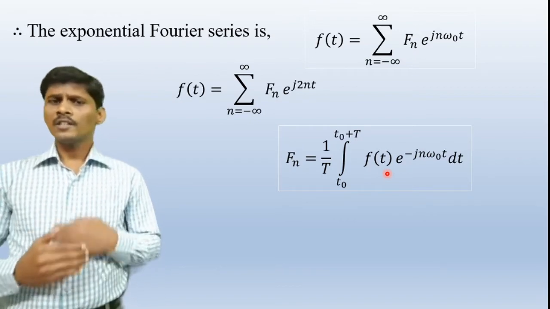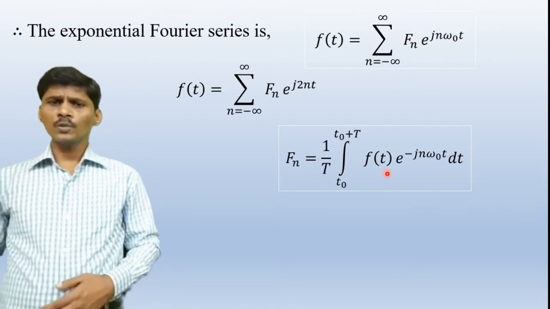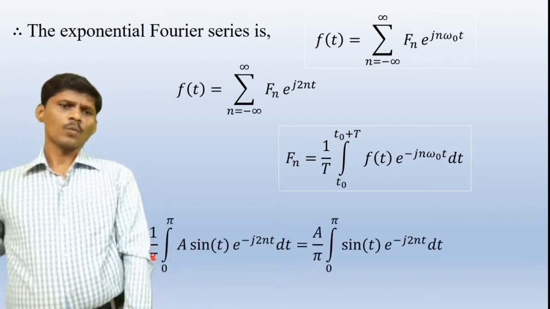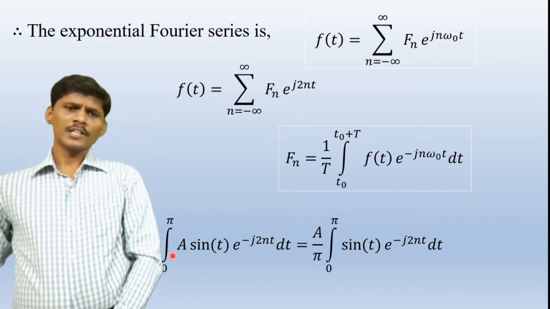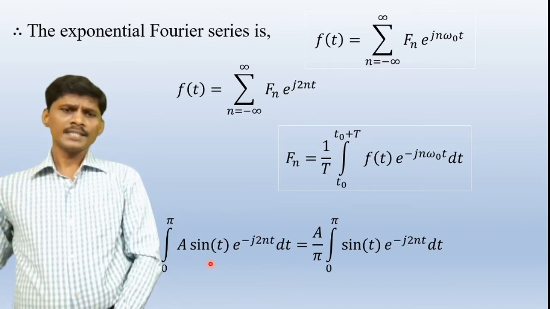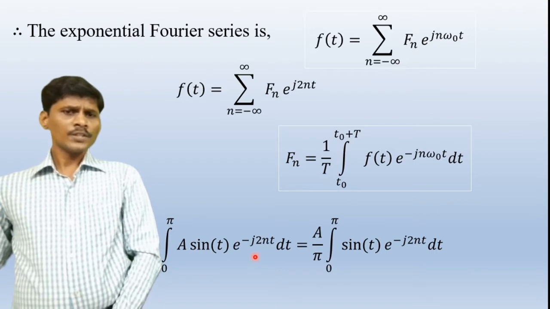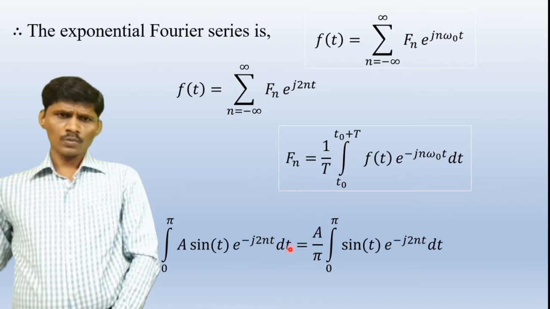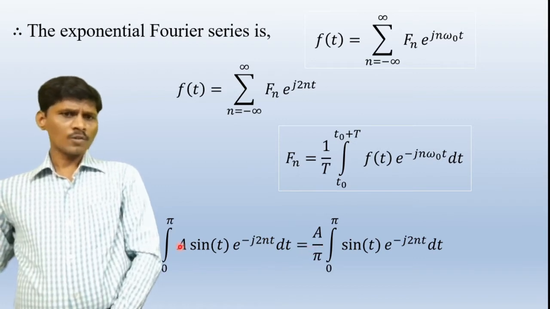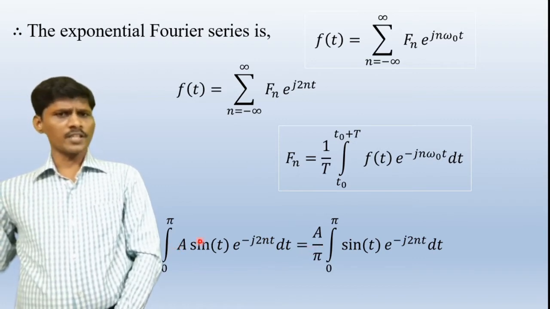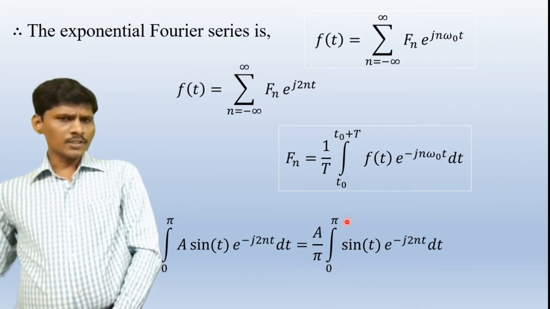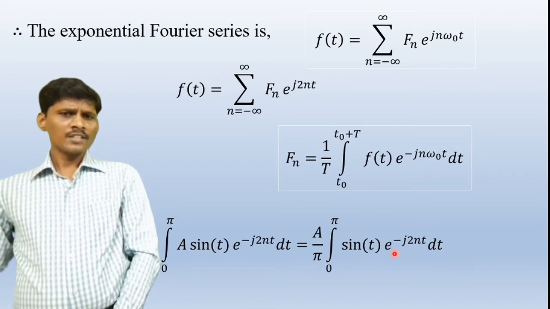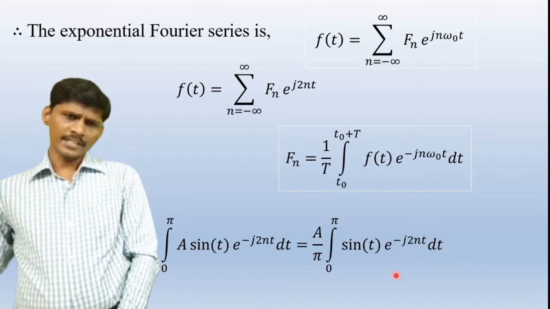Applying all the given values into this equation, we get F n equal to 1 by pi integral 0 to pi of A sine t into e power minus j 2 n t, omega naught being 2. A is a constant, so it is written before the integration: A by pi integral 0 to pi sine t e power minus j 2 n t dt.